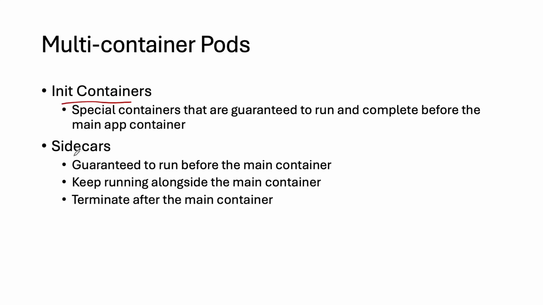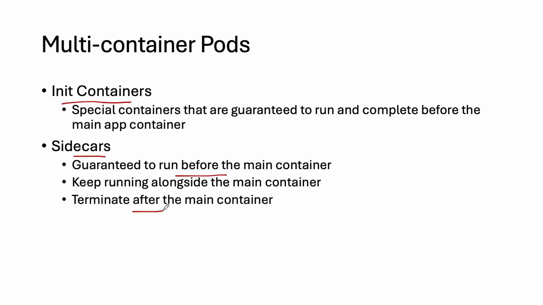And then you have sidecars. These are another kind of container that run alongside the main container. They are guaranteed to run before the main container and then terminate after the main container.